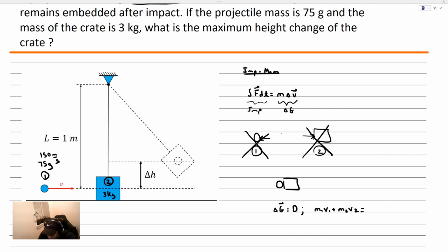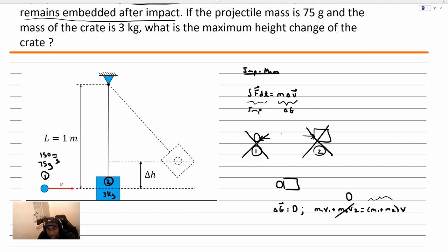What's the momentum of the system after impact? It says that the projectile remains embedded after impact. That means that both the projectile and the crate will be traveling with the same speed, and their masses will be combined. So the total mass is going to be moving at one speed, and I'm going to call that speed v. Note that right before impact, the speed of the crate is zero.